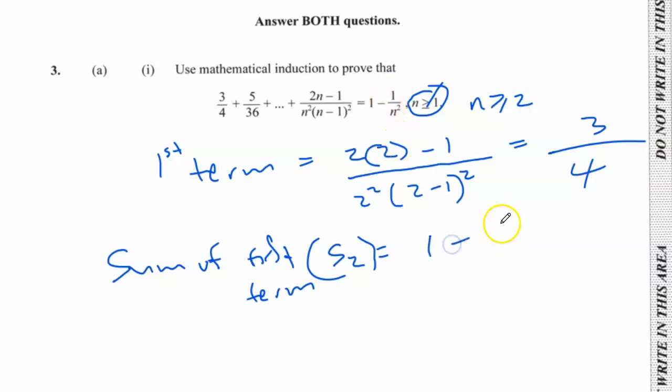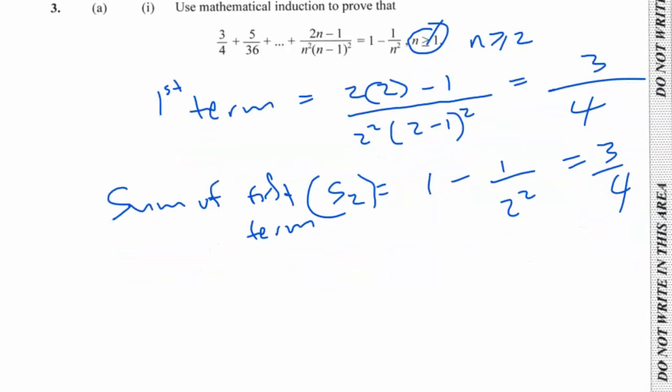So 1 minus 1 over 2 squared. So it's 1 minus 1/4, which gives us 3/4. Alright, so the formula is true for the first term. Normally in an induction proof we start from n is 1, but this is an unusual one. So the sequence begins when n is 2. So it's true for the first term, so the base step is actually when n is 2.